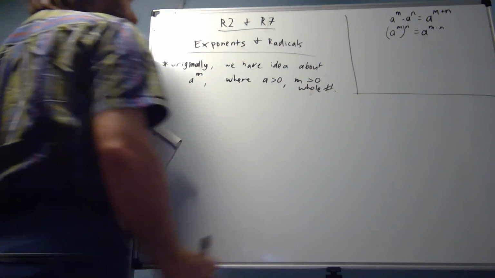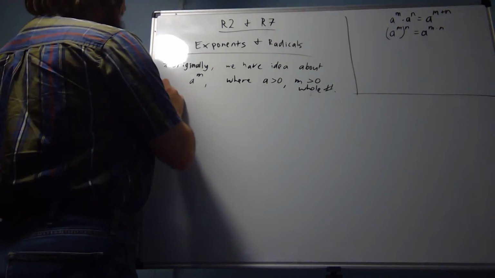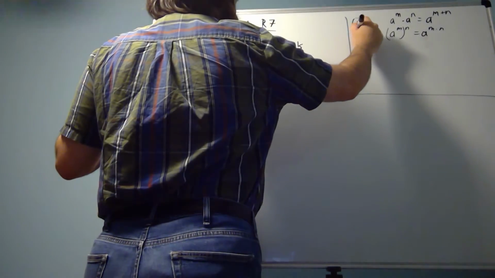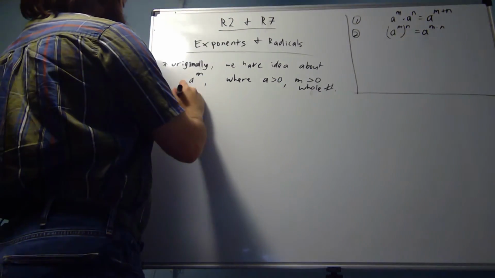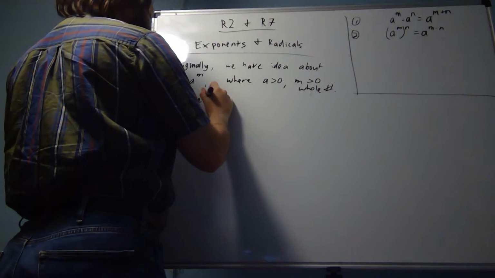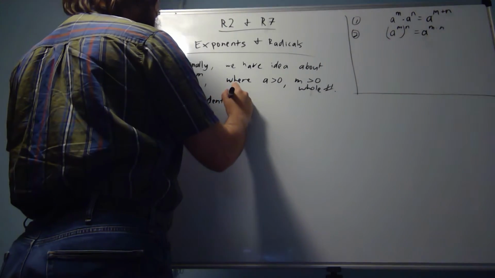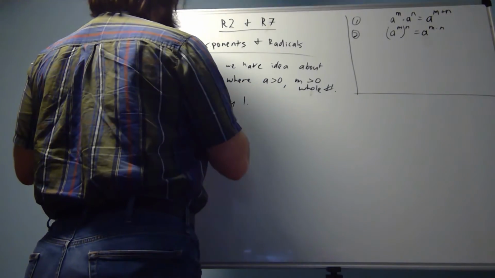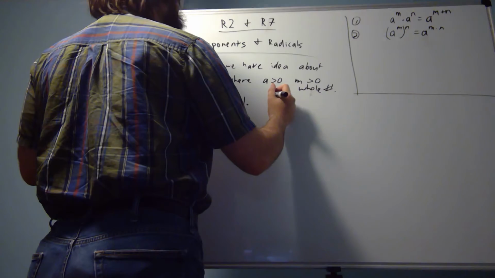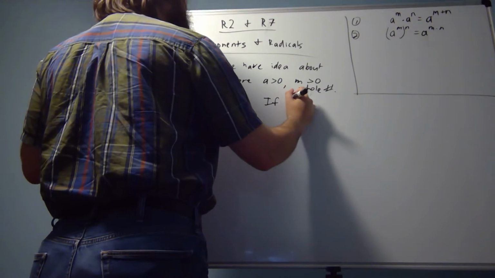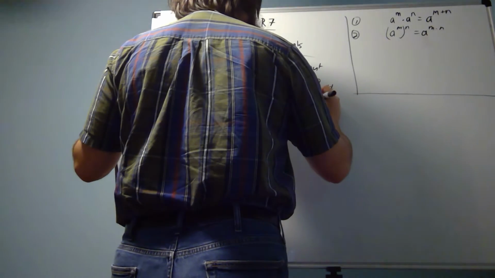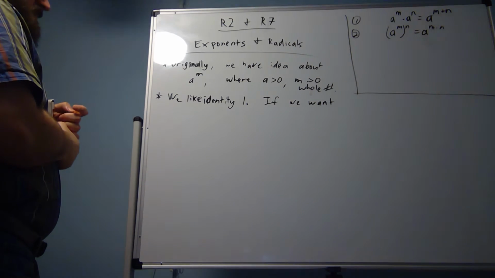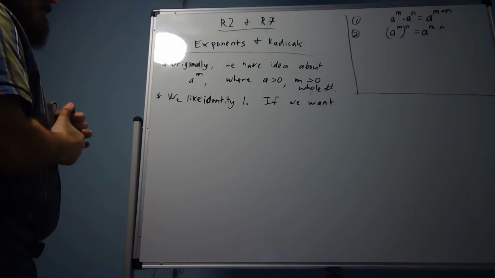Okay, so if I call these identities 1 and 2, number 1 especially, it turns out that identity 1 goes a very long way to telling us what should happen if we allow negative exponents.